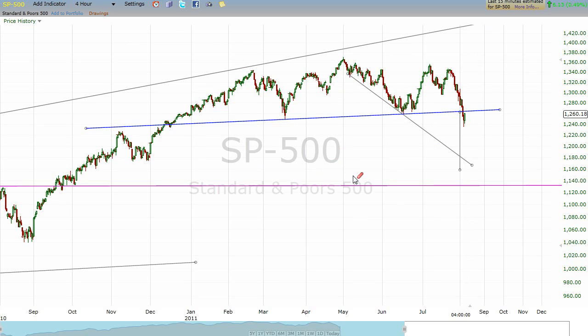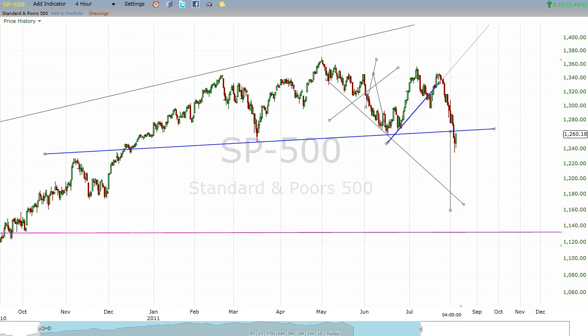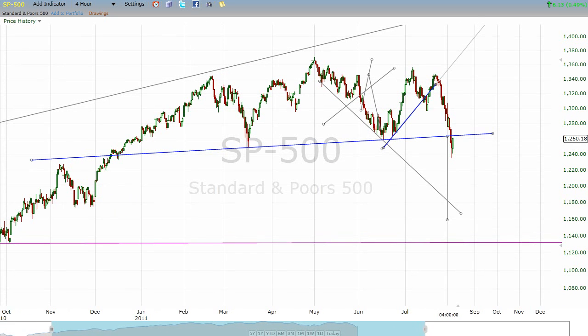Now, how do you trade a head and shoulders? Well, there are three typical places where a head and shoulders should be traded. One is at a pullback to the neckline, which missed by about a point and a half at the close today.